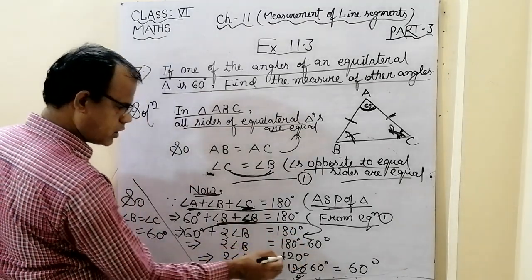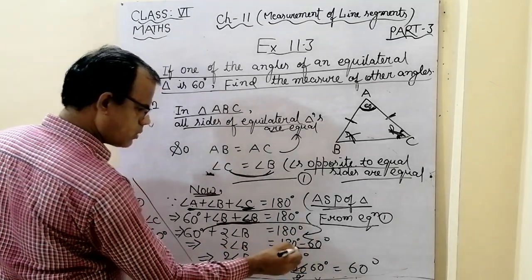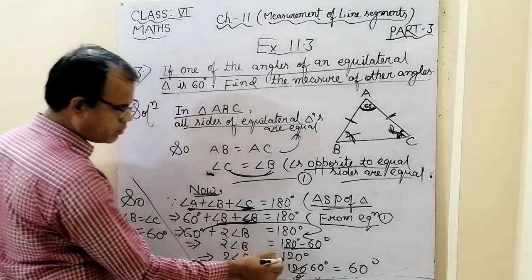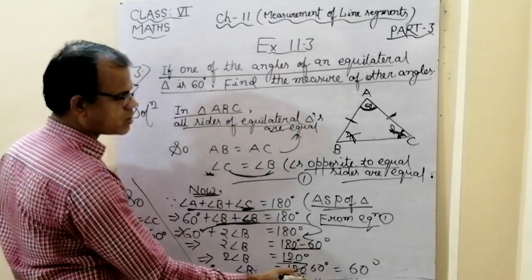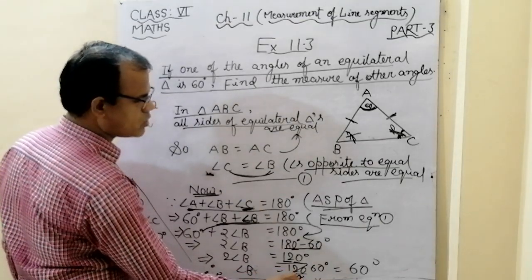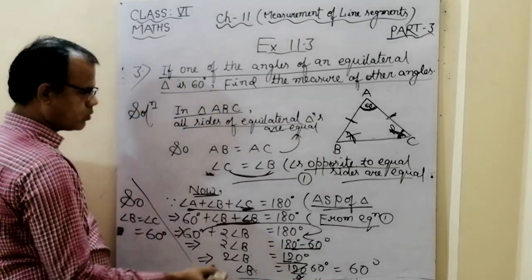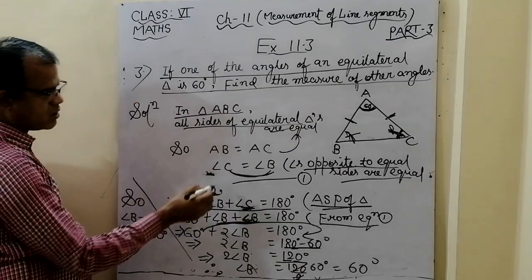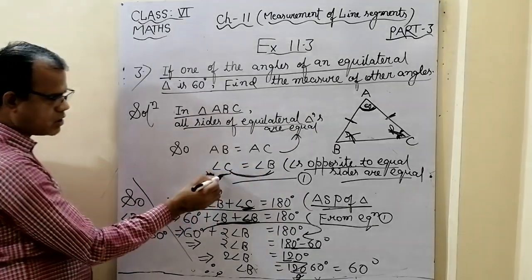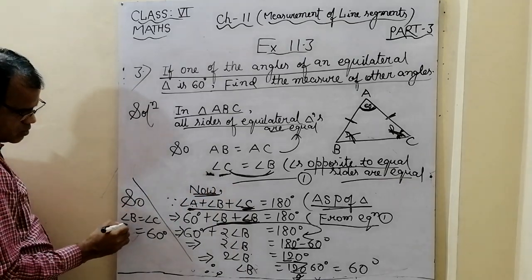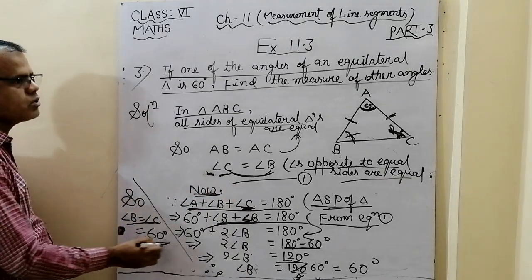So 2 angle B equal to 180 degree minus 60 degree. 2 angle B 120 degree, so angle B 120 by 2, 60 degree. So angle B is 60 degree, so C is also 60 degree, because angle B is equal to angle C.